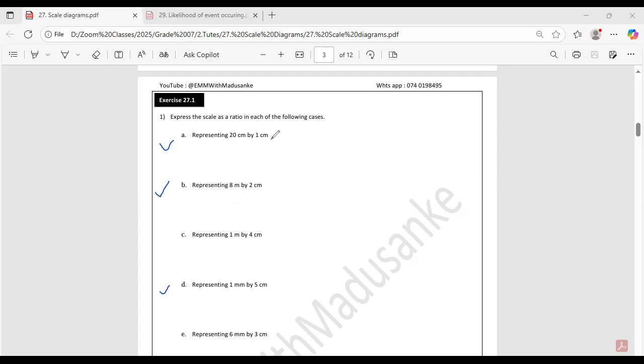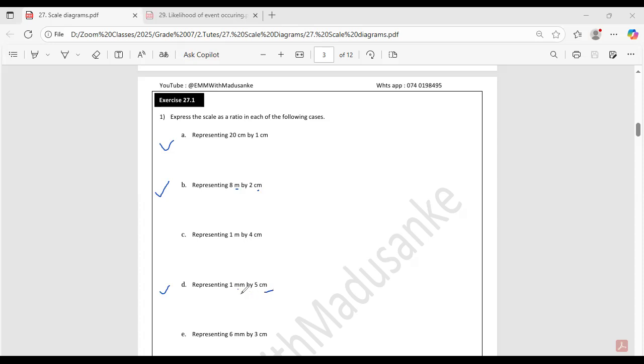Always try to convert into the same unit, and always try to convert it to the small unit. When it compares meter and centimeter, the small unit is centimeter. So convert this meter into centimeter. For the part D, you have millimeter and centimeter.